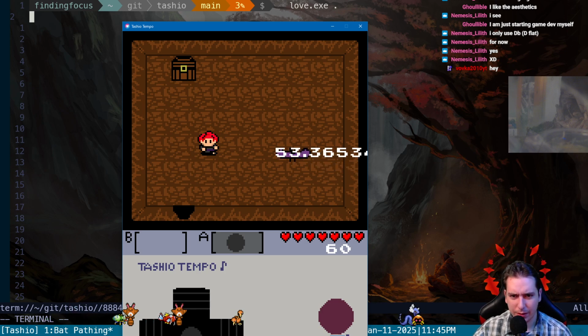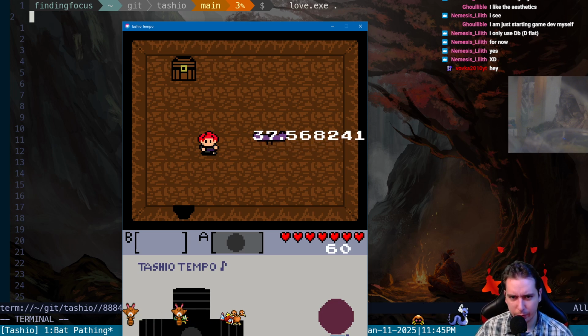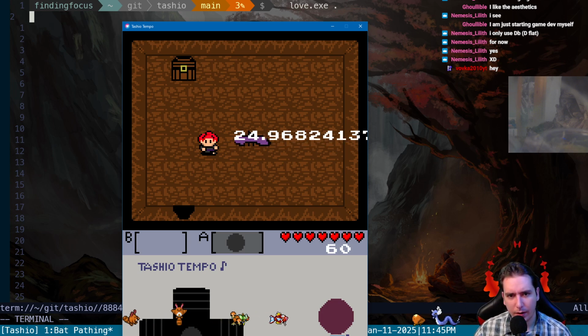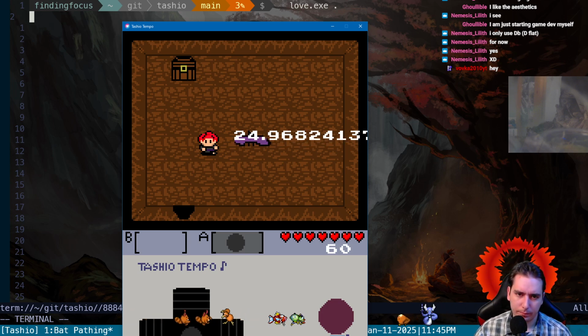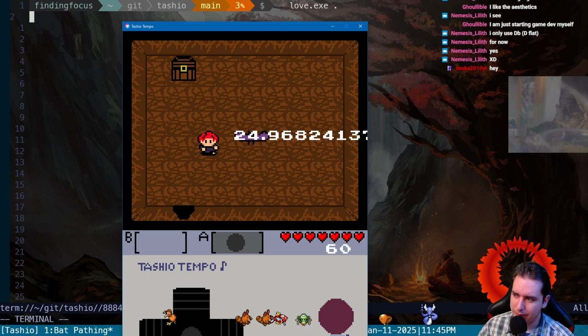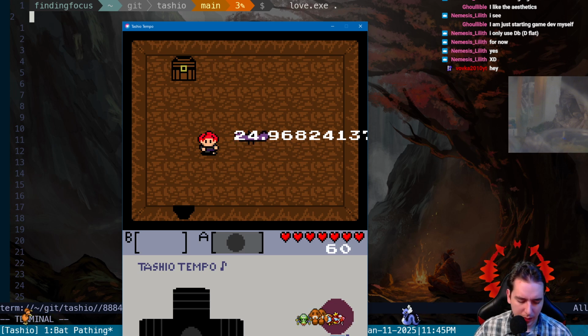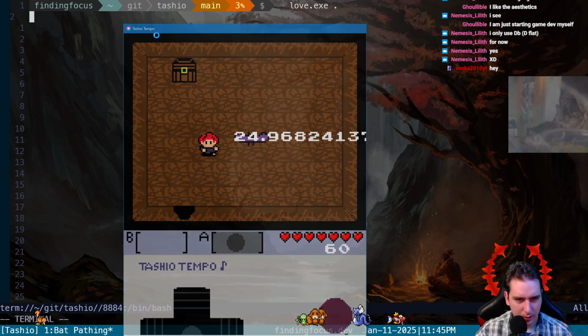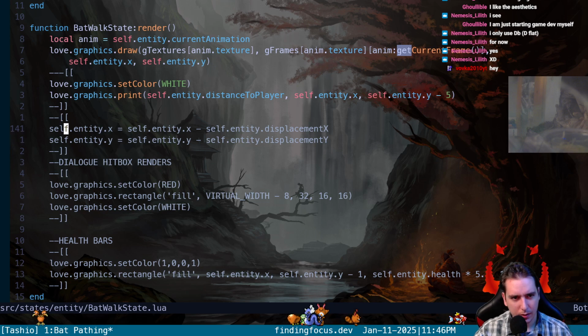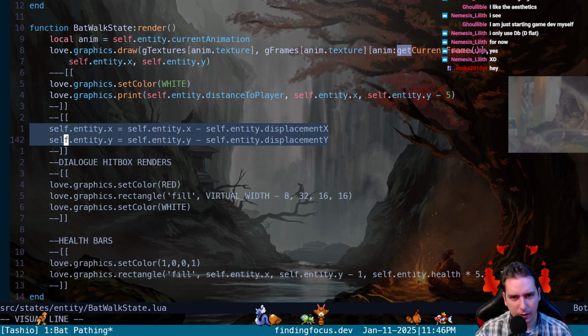Okay, we're looking for a stable number here once he gets 25 pixels away. So why is this number changing when we run our function? Because here, we undisplace.